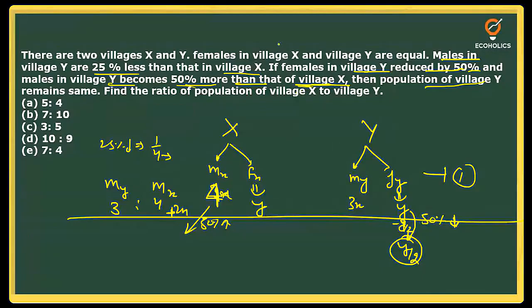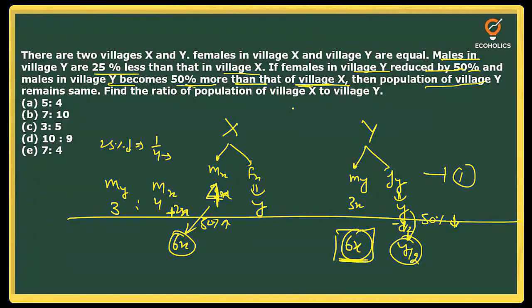Okay, so males become 6x actually here. This is 2x more, na? So 4 plus 2, this is 6x. So males become 6x.